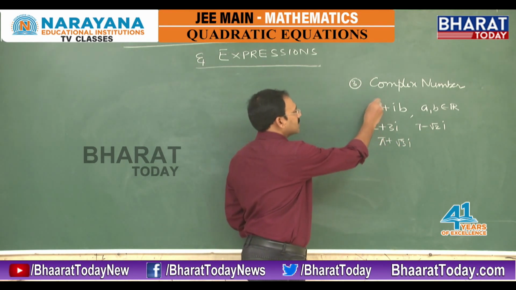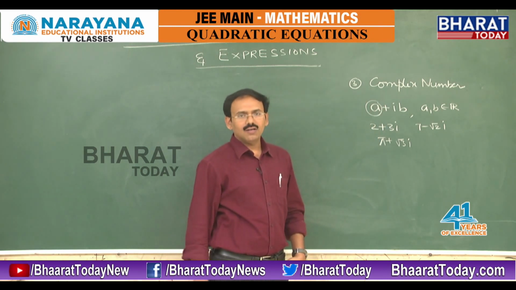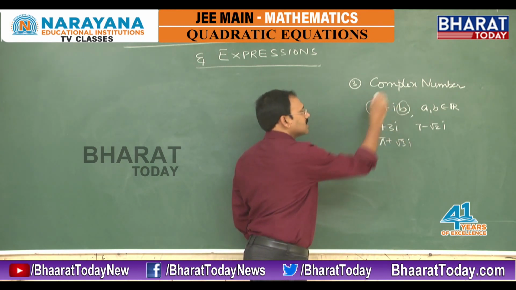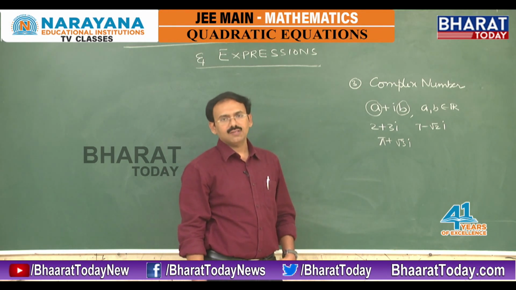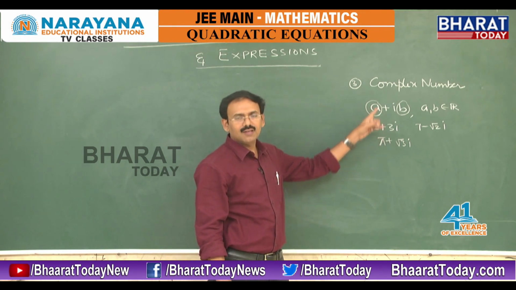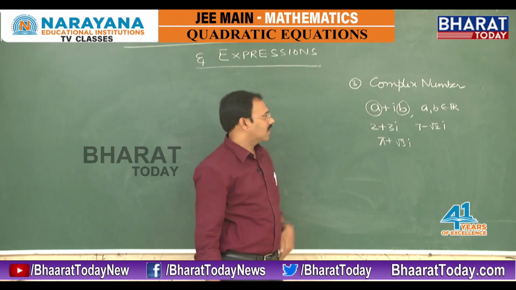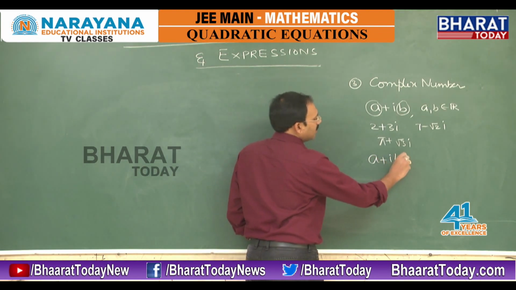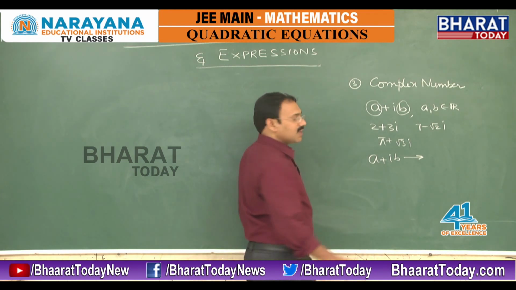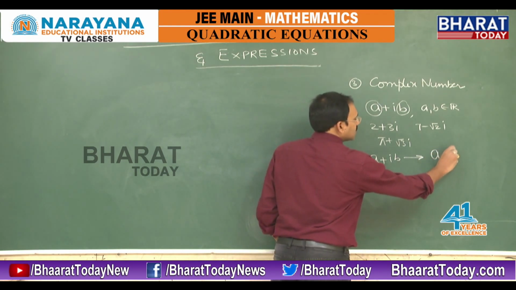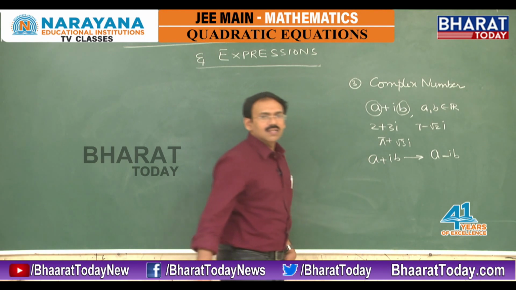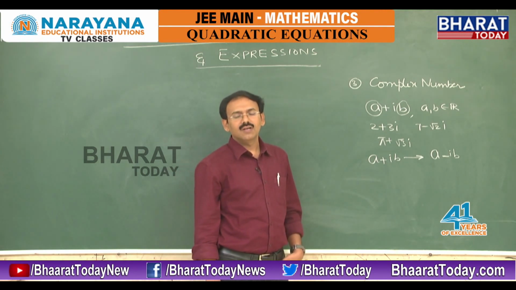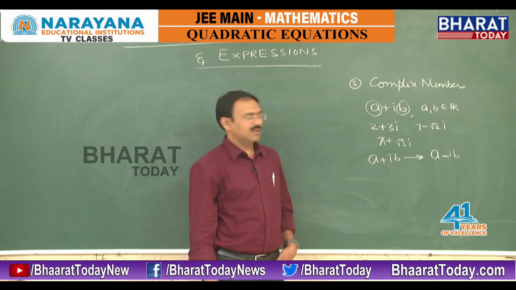In any complex number, a is called the real part and b is called the imaginary part. And for the complex number a plus ib we define the conjugate as a minus ib, because their sum will be a real number and their product will be a real number.